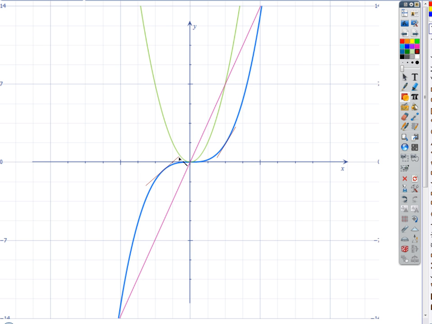I could draw a bunch of them up here. I'm always going to see the same kind of behavior. Compare that to down here. Where do the tangent lines sit relative to the curve if the second derivative is positive? Those compared to those.